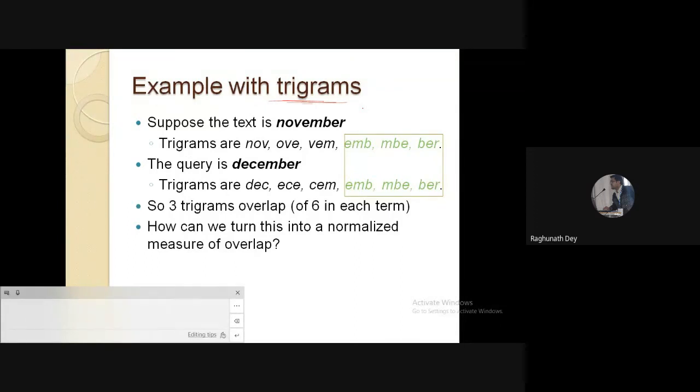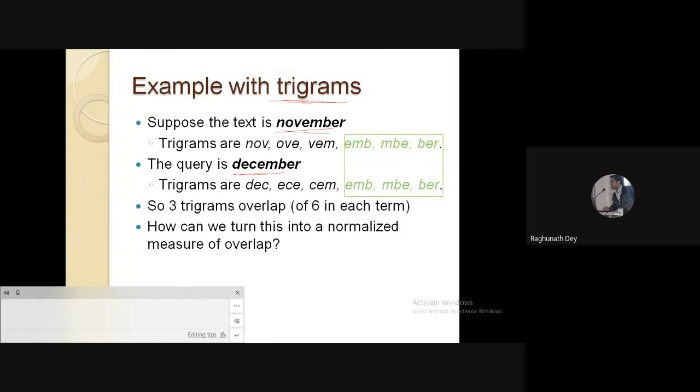Look at these two examples. Suppose the query given by the user is November, but due to some reason the query is given as December, while we have the text November and we do not have December.